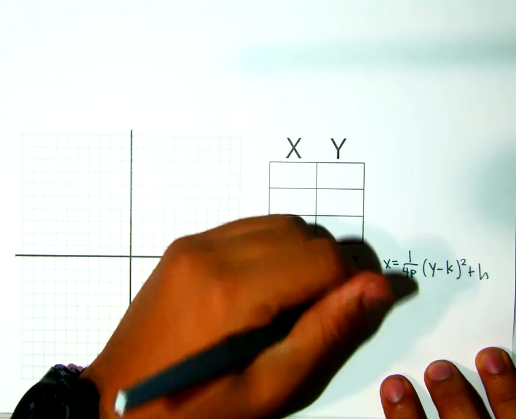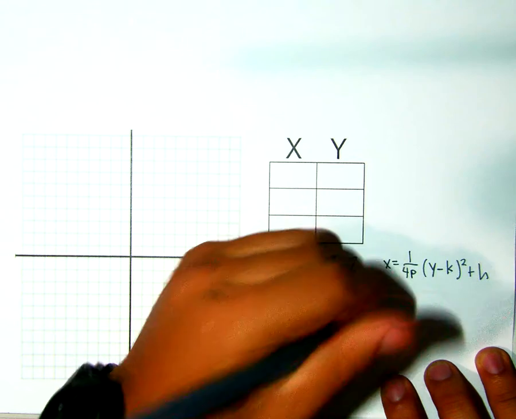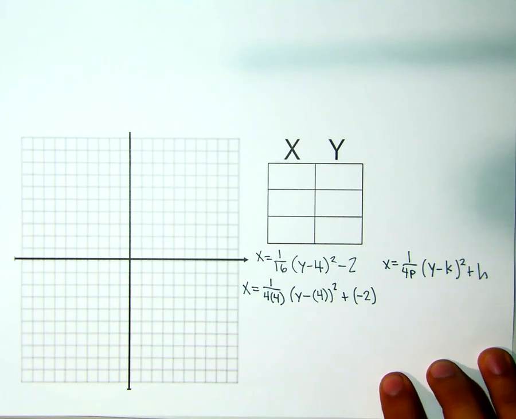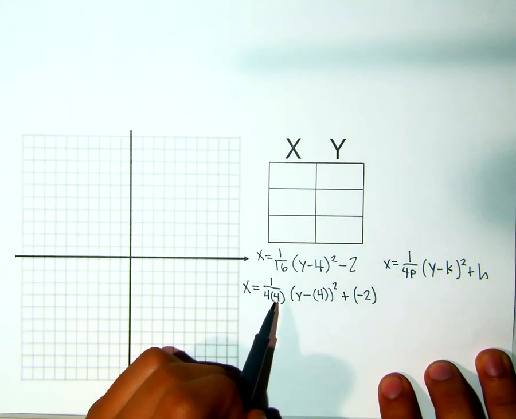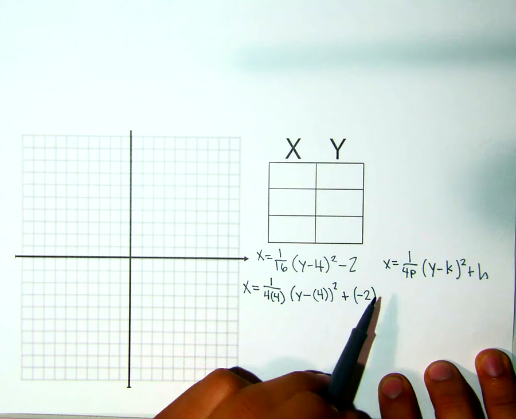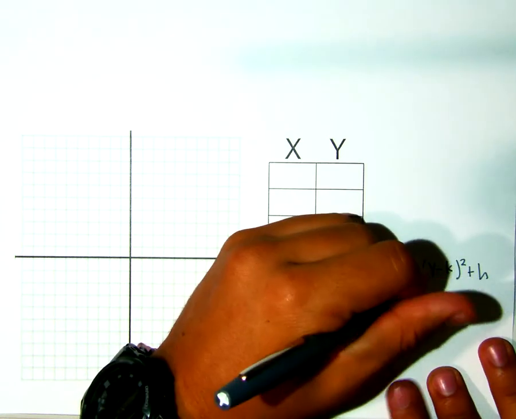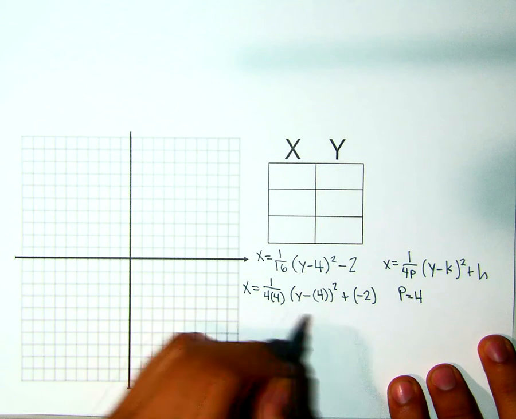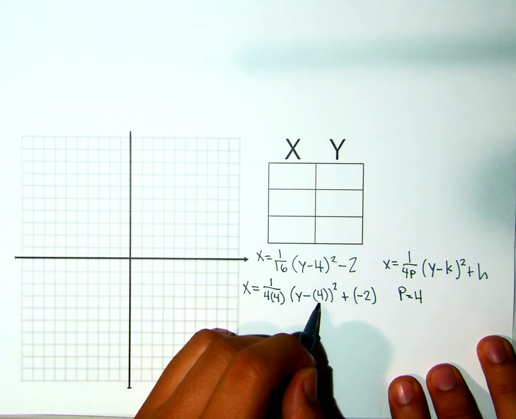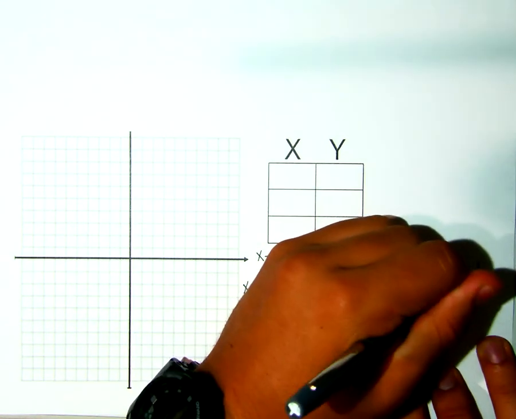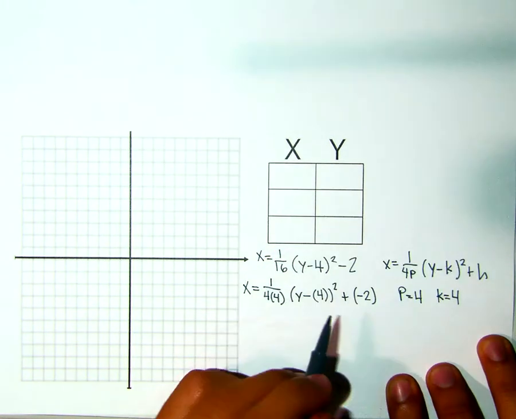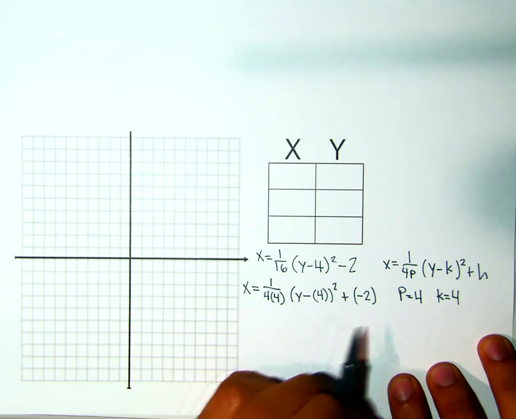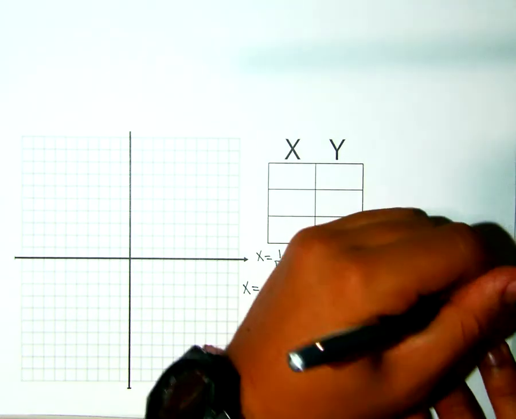So we can say plus negative 2. So now we have our p, our k, and our h. Our p, you guys said was 4. Our k, you guys said was 4. And our h, you guys said was negative 2.